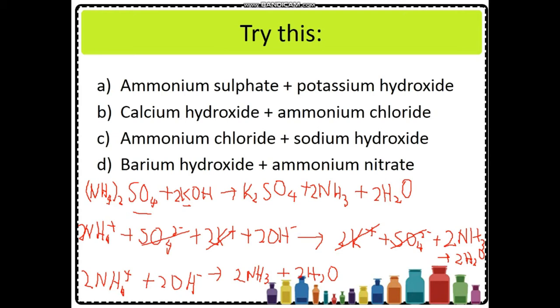So we have the chemical equation and then the overall ionic equation.